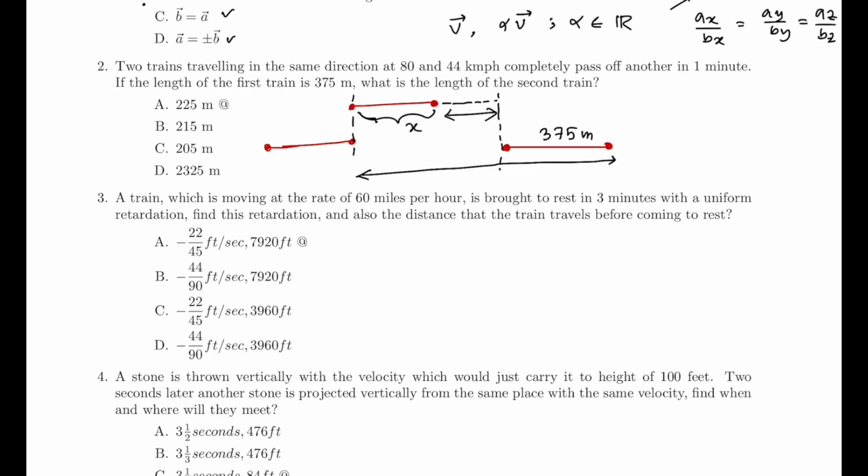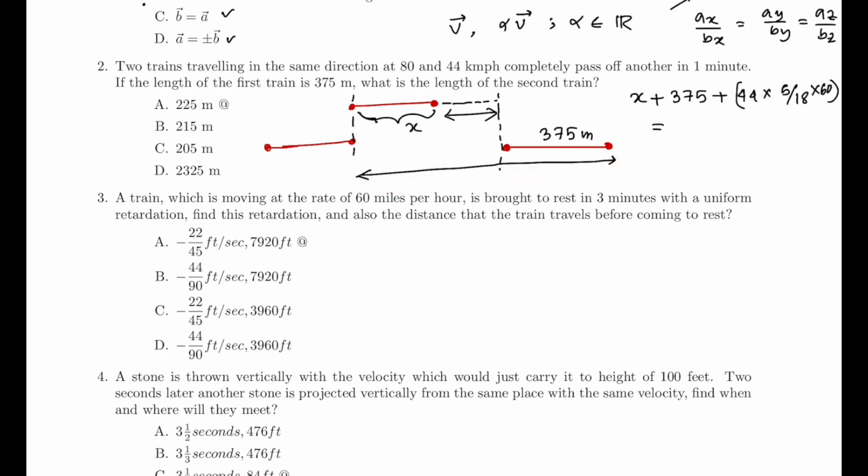So x plus 375 plus this distance, which is 44 into 5 by 18 to make it in meter per second, times 60 seconds, must be equal to this distance traveled by the 80 km per hour train.